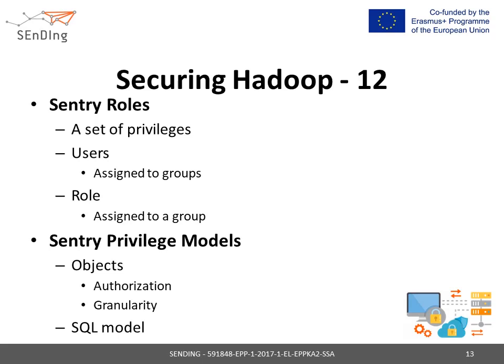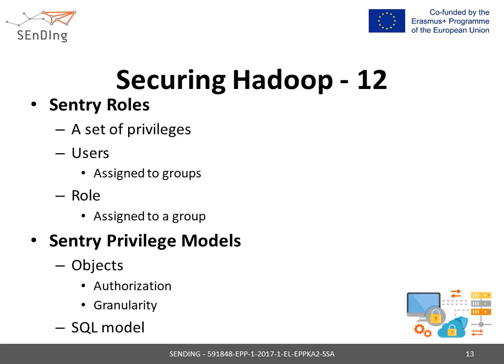Sentry uses specific privilege models for each service for which it provides authorization. Each privilege model specifies a set of privileges and a set of object types to which the privileges can be applied. The available privileges in each privilege model determine the granularity of the Sentry authorization controls. You can select the appropriate Sentry authorization policies for your environment by understanding the privilege models Sentry uses.